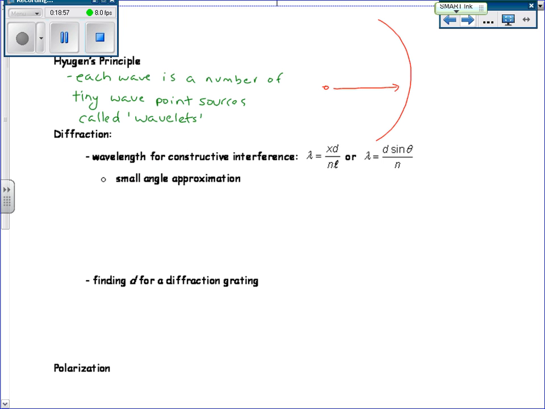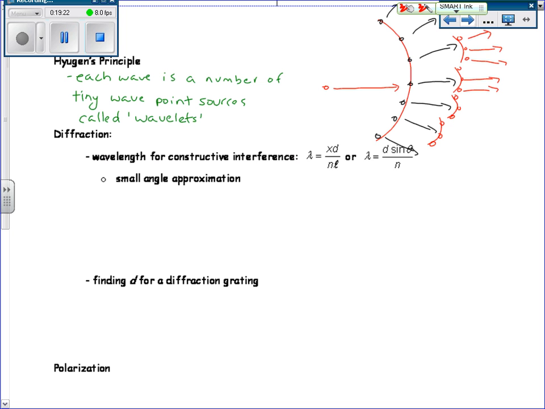And then all Huygens is saying is that that particular wave has a whole bunch of little point sources on its own that then each cause a new wave front to move from. And then that's how it is that waves end up going out in concentric circles from an original point source. I'm not going to draw too many on there. It's sort of a minor little thing, and I can't actually imagine you getting asked a very specific question about it. It would be as part of the model of light.